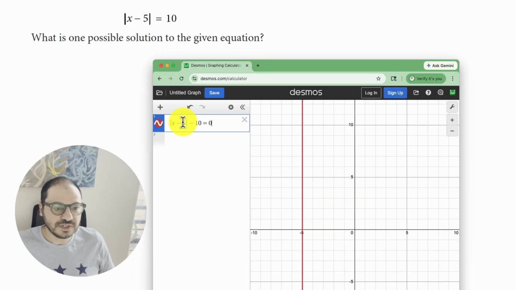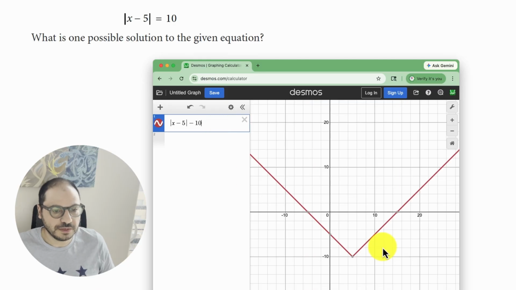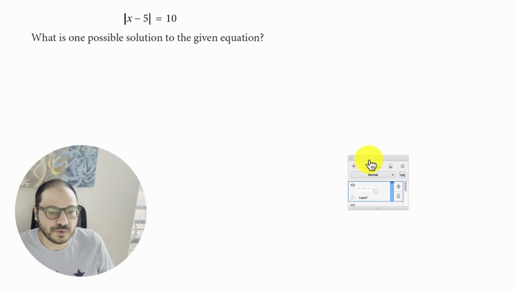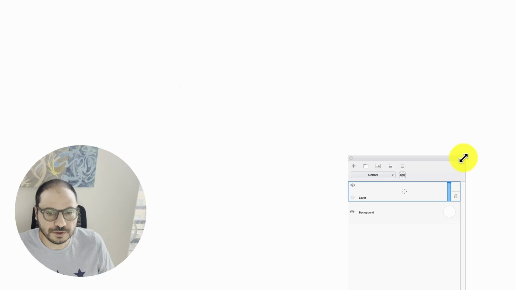If you set it equal to 0, it doesn't really give you that V. So if you get rid of the 0, then you get that absolute value graph. And it says, what is one possible solution? So you have -5 and 15. So either one works, either -5 or 15. So there we go. That wasn't a regression one, but hopefully you learned something about doing absolute value graphs on Desmos.